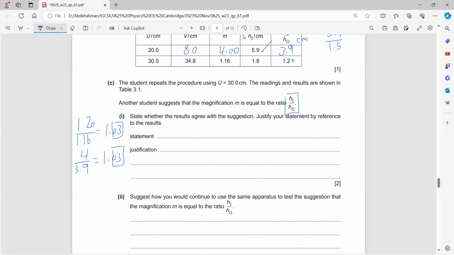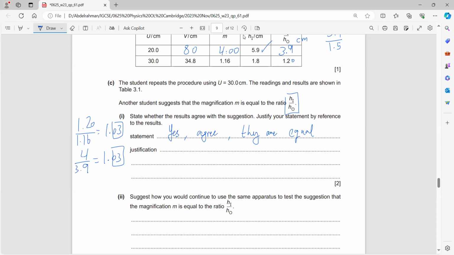Yes. What should I write down as the statement? Do I agree or don't I agree? Yes, I definitely agree. They are the same, they are equal. Why are they equal?